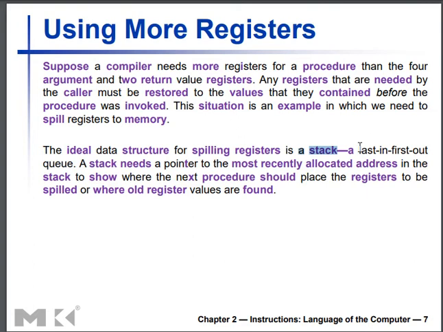Or you can also call it last in first out: which comes last will be taken out first. A stack needs a pointer. That pointer, which we call top, always points to the top of the stack. Onto the top we push values or we pop values. So a stack needs a pointer.